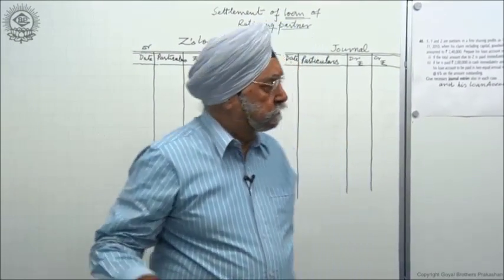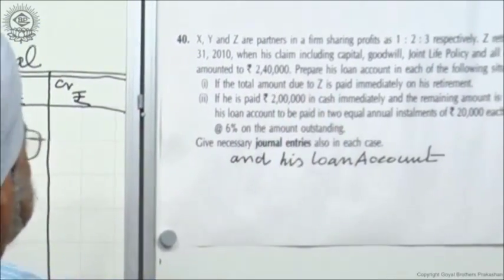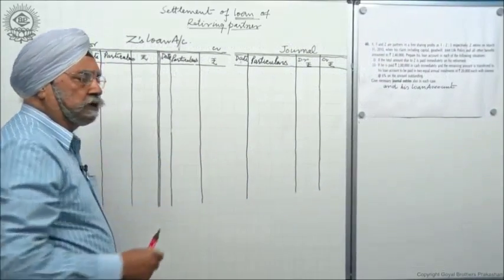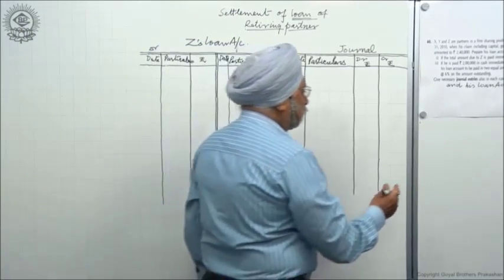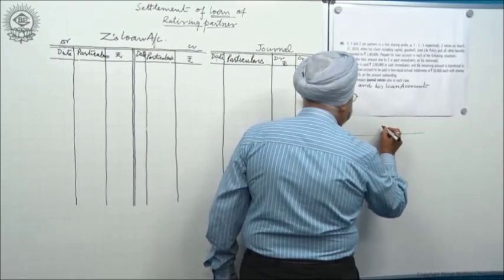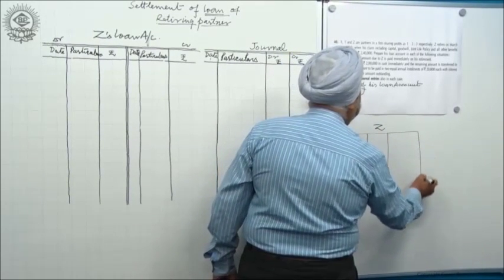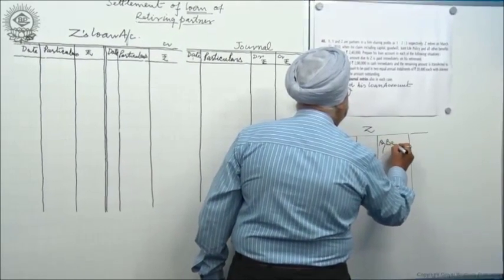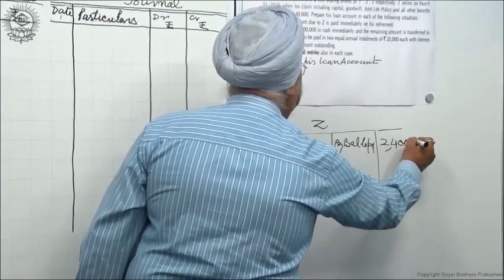In the first case, if the total amount is paid to the retiring partner immediately, this will be done only in the capital accounts. When we prepare the capital accounts, this is Z's capital account, and 2,40,000 is the amount due to him.